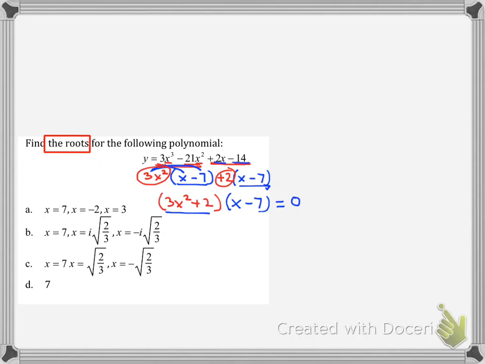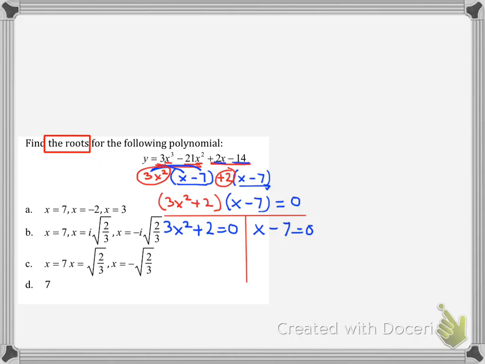And I can't factor this any further, especially because of the plus. Nothing can be done. So I just need to use my zero product property. I'm going to set each of them equal to 0. So I'll set 3x squared plus 2 equal to 0, and x minus 7 equal to 0.